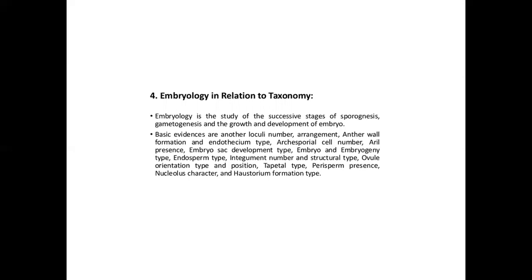Basic evidences are anther locule number, arrangement, anther wall formation, endothecium type, archesporial cell number, arrangement, presence, embryo sac development type, embryo and embryogeny type, endosperm type, integument number and structural type, ovule orientation type and position, tapetal type, perisperm presence, nucellus characters, and haustorium formation type.